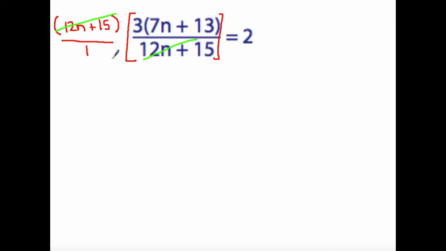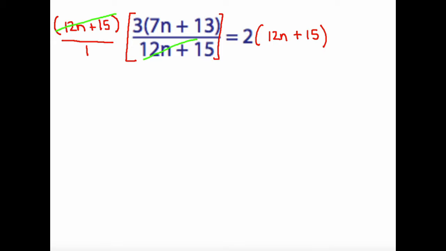You might hear the word cancel very often. It just means that it divides by itself and makes 1, and anything times 1 or anything divided by 1 is just the same thing. But on the left-hand side, I multiplied by the bracket 12n plus 15, so on the right-hand side I also need to multiply by that bracket 12n plus 15.